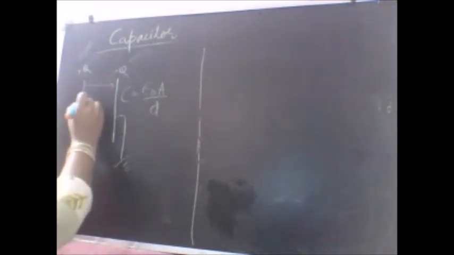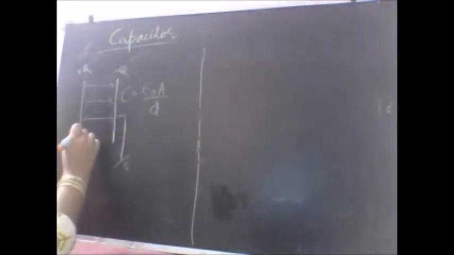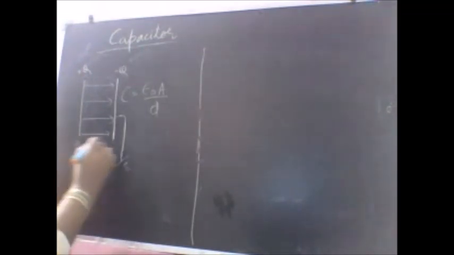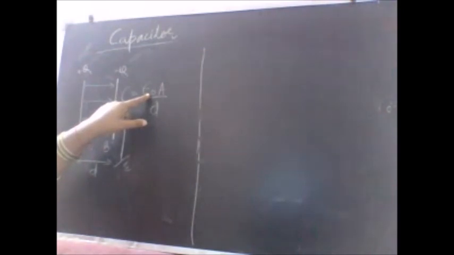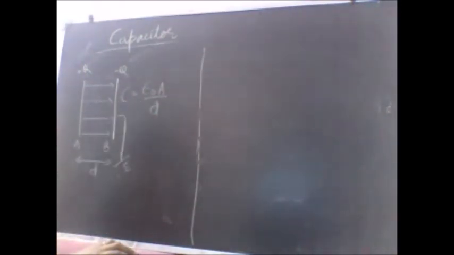So that is a clear indication that the capacitance of this parallel plate capacitor is independent of the charge Q that is given to the plate A. It depends on the area of the plate, it depends upon the distance between the plates, and it depends on the material that is there in between the plates. And since the medium here is air, therefore I am writing it to be epsilon naught A by D.